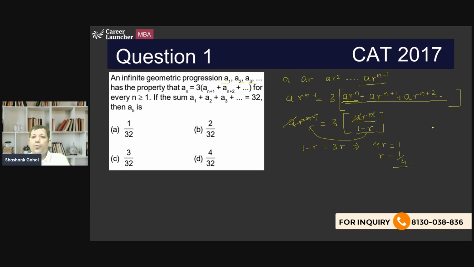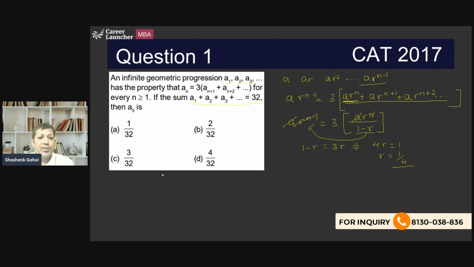Whatever the question is saying, I have written it and I got the value of R directly. We did a similar thing in the previous session on AP: we simply put in all the values, made the equation, and got the answer. The same thing we are going to do here. Now A1 plus A2 plus A3 and so on is the sum of an infinite series, and that is equal to 32.